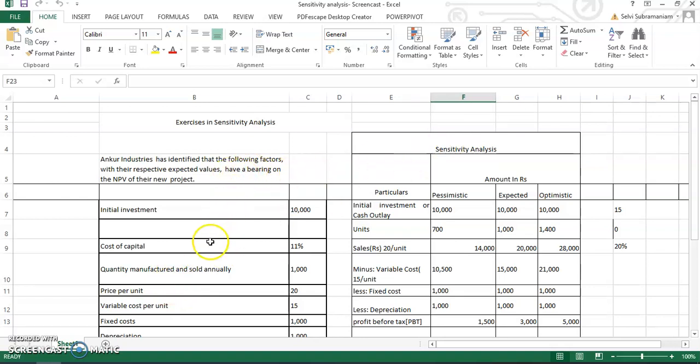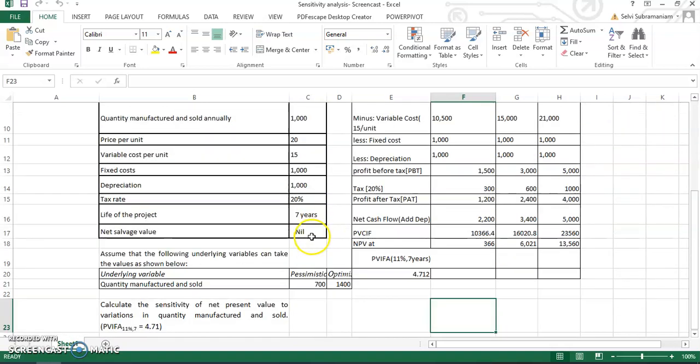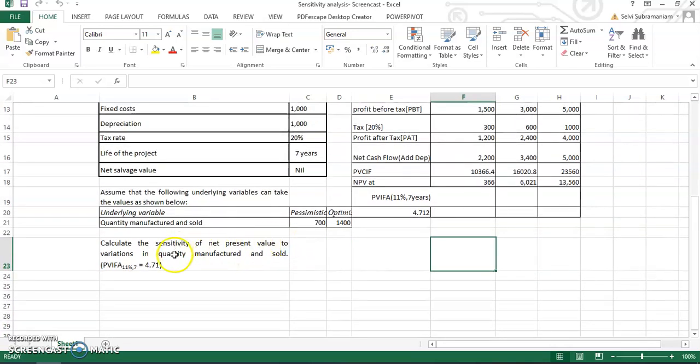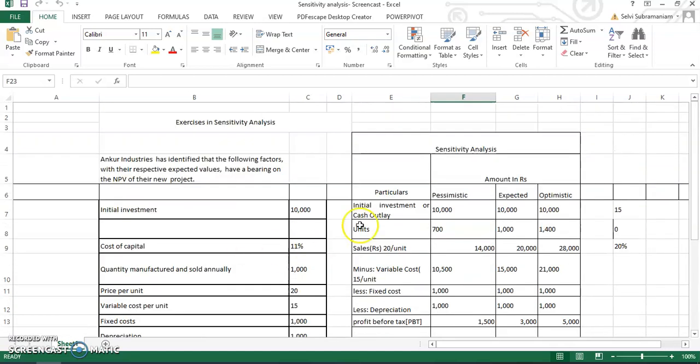The problem over here is to calculate the sensitivity of the NPV to the variations in the quantity manufactured and sold.